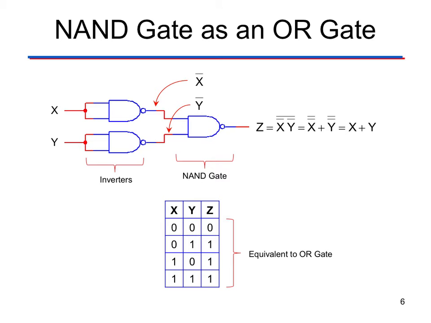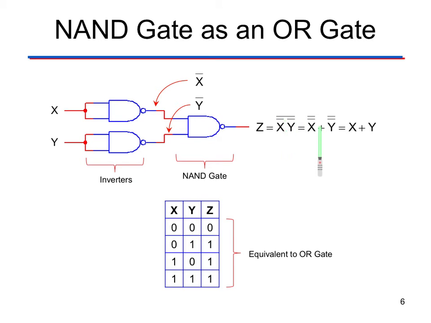All right, now we're going to get really crazy. We're going to take a NAND and change it into an OR gate. Well, we're going to make an OR gate out of NANDs, that would be a better way of saying that. So basically we have our two inverters here. X inverted becomes not X. Y inverted becomes not Y. So that's fairly obvious. We run that into another NAND gate, and we get not X and not Y, and that whole thing inverted.